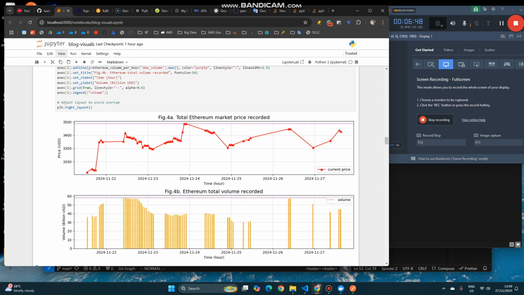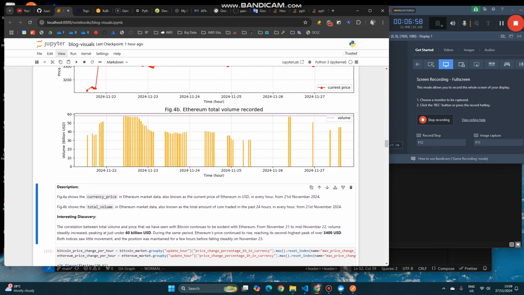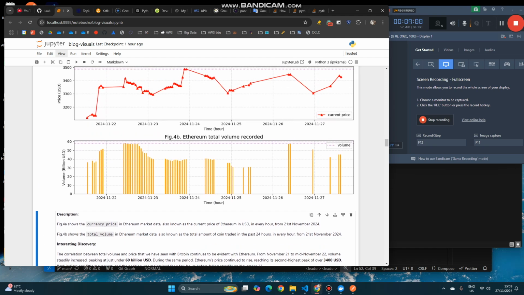So I also see that the correlation between the volume and the price holds evident for the Ethereum. We can see that from 21st November to the middle of 22nd, the volume is going up and the price also going up.